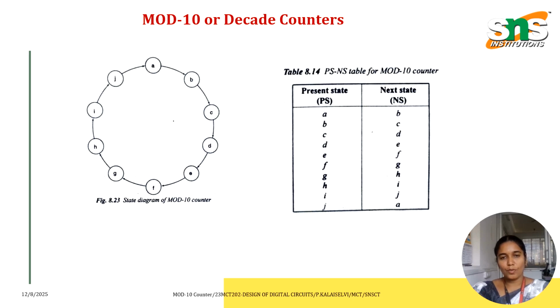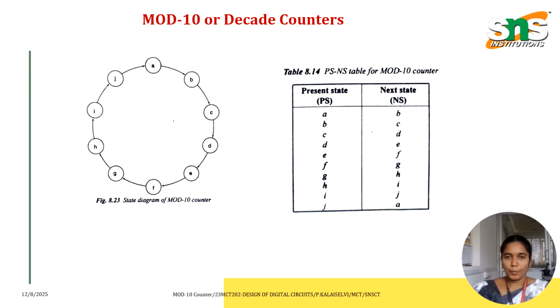That is 0 to 9 in binary, and instead of 10 it goes back to 0. Since MOD-10 requires 10 states, we need at least 4 flip-flops, because 2 power 4 is equal to 16. There are 16 possible states, but we only have 10 valid states. The remaining 6 are eliminated using the reset logic.